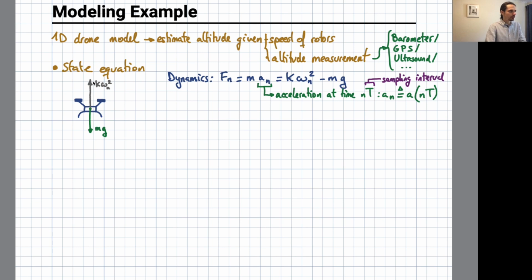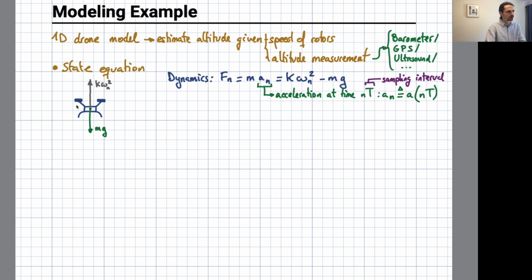On the one hand, we have the lift, the force exerted by the propellers, and it points up. The magnitude of this force is proportional to the square of the angular velocity of the propellers, and this is a quantity that the flight controller decides, and therefore we can use it in our estimation.